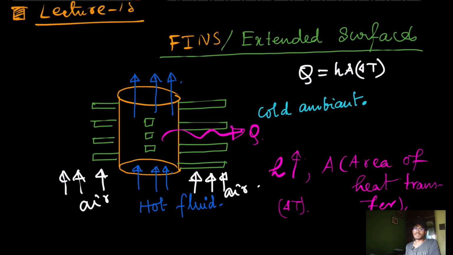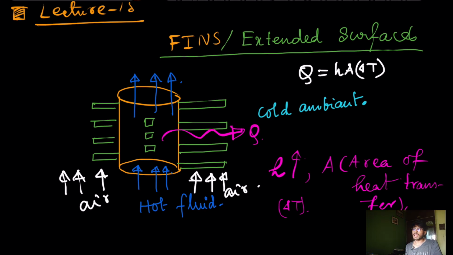So fins actually provide the body more surface area. But it can also be the case that fins inhibit the heat transfer. We will see by some mathematical analysis on which parameters the heat transfer from the fins will depend.